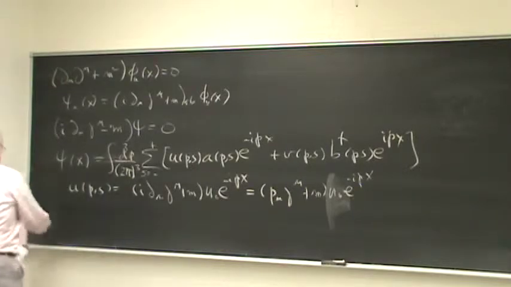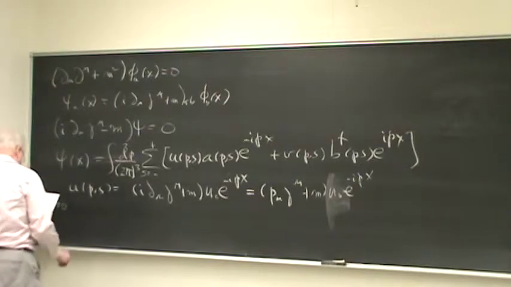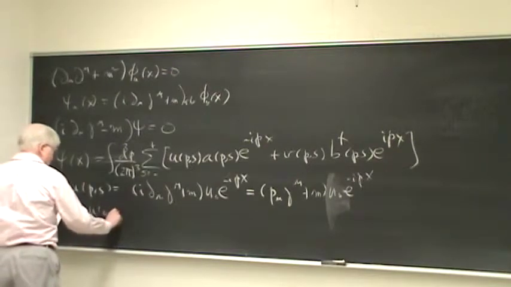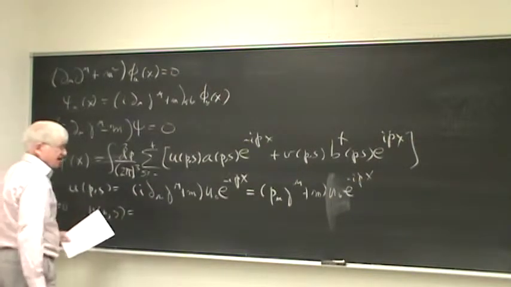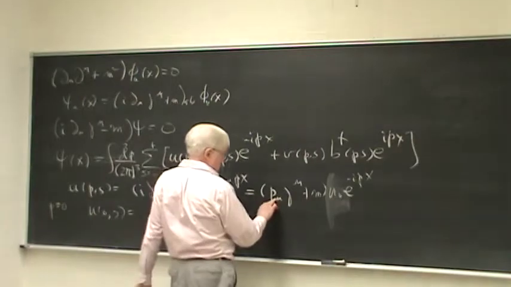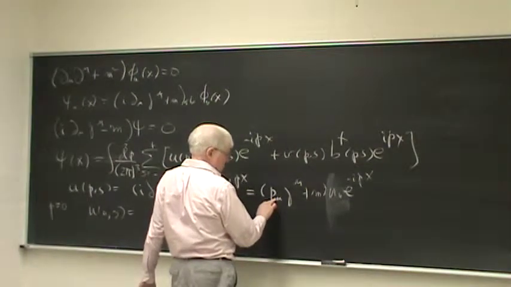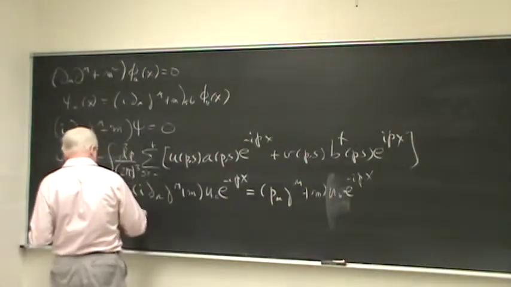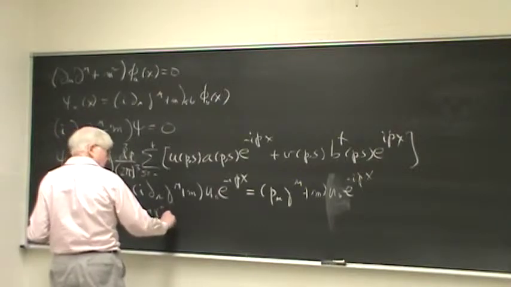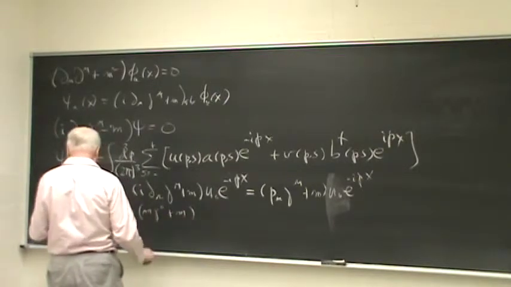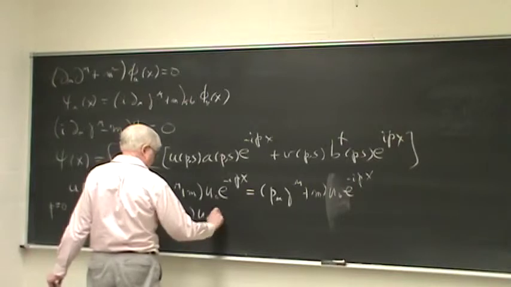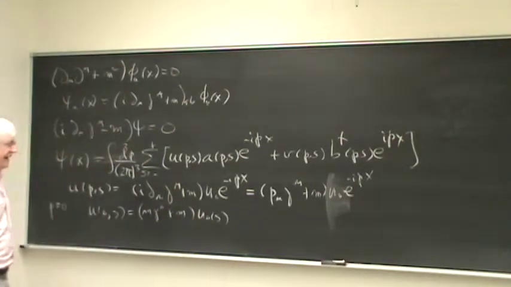If we go to p equals 0, then what we see is that u(0,s) should be, well, this is just m. The other p is 0. So this is (mγ^0 + m) acting on some u0(s).